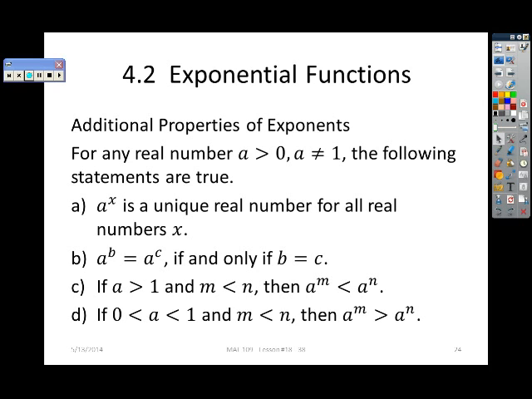Conversely, if a is between 0 and 1, it's still positive, but now it's a fraction. As you increase the exponent, you make the number smaller. 1/2 squared is 1/4. 1/2 cubed is 1/8. 1/8 is smaller than 1/4. So for a number greater than 1, an increase in the exponent makes the number bigger. For a fraction, an increase in the exponent makes the number smaller. Those are just properties that we're going to use to work with the things we're going to look at next.